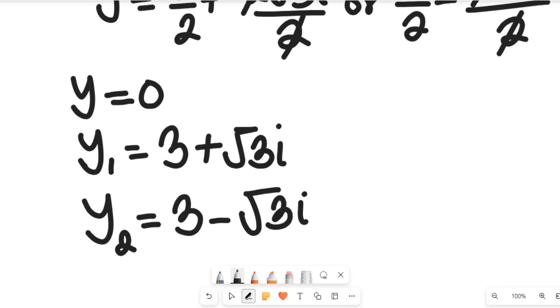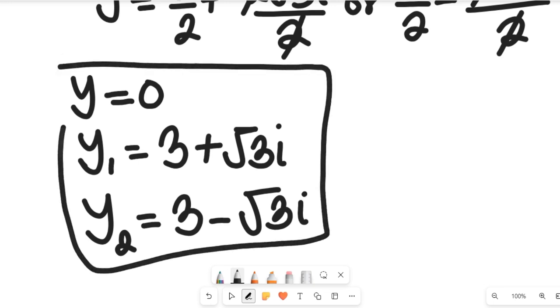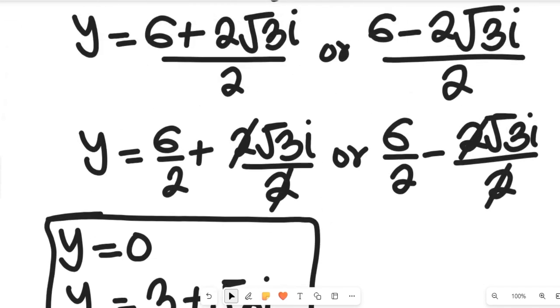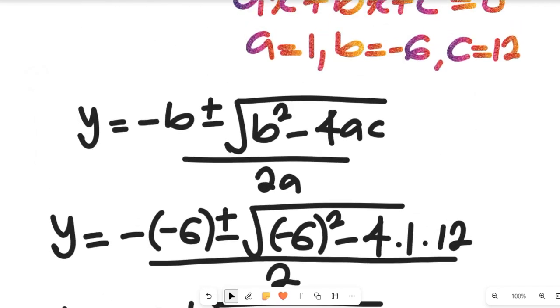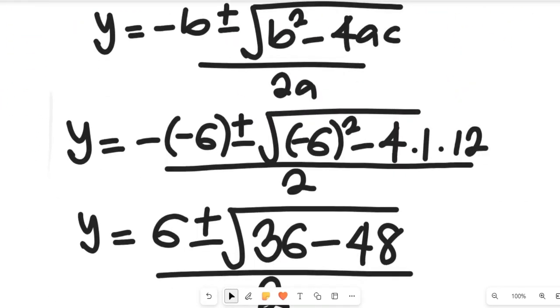So these are the three solutions for the value of y. 0 of course is a real solution, and then the other two are imaginary solutions that come out from that quadratic equation up there.